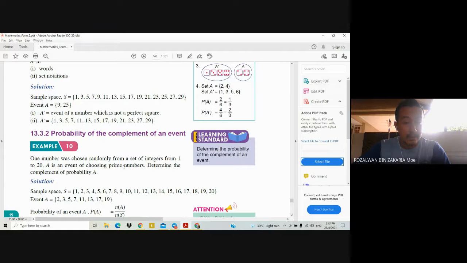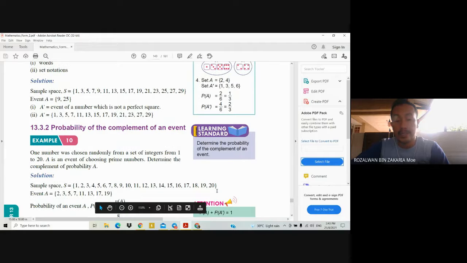So the sample space is equal to 1, 2, 3, 4, 5, 6, 7, 8, 9, 10, 11, 12, 13, 14, 15, 16, 17, 18, 19, and 20. These are the elements of the sample space.